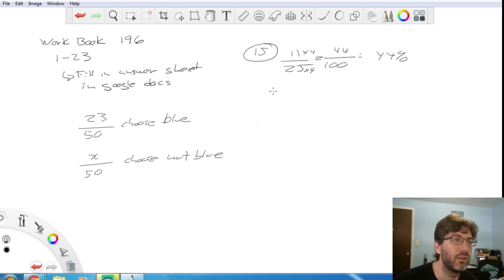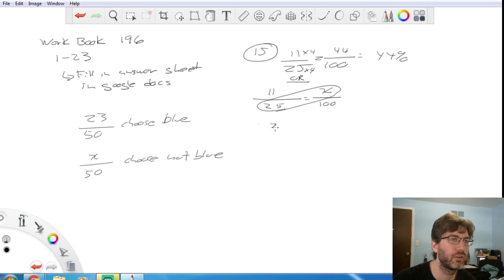Or, if you didn't notice the 25 thing going into 100, you could do it as a proportion and get 25x equals 1100.